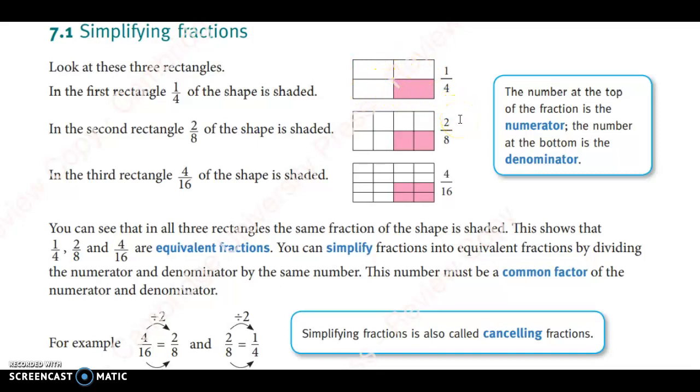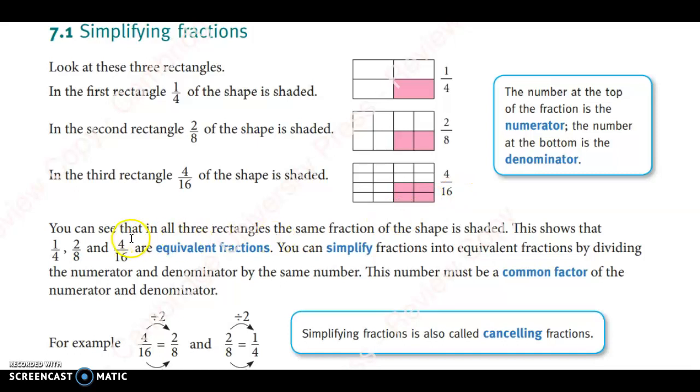In the second rectangle, we have two shapes that are shaded, out of 1, 2, 3, 4, 5, 6, 7, 8, so 8 is the total area in the rectangle. In the third rectangle, we have four shapes that are shaded, out of 16. So it's 4 out of 16.